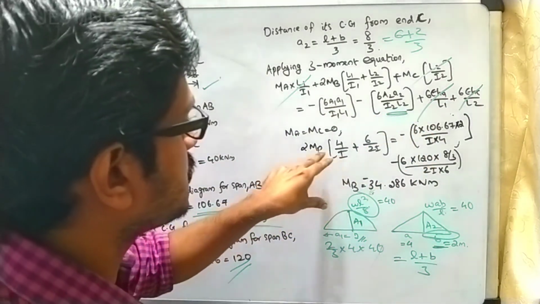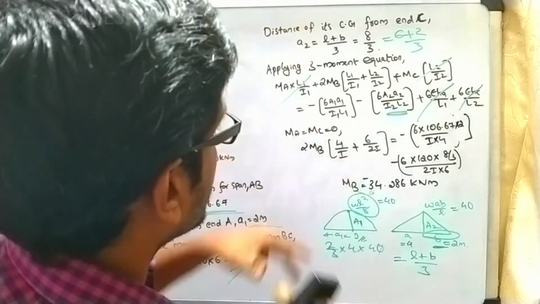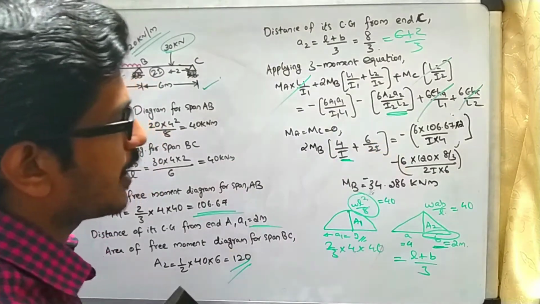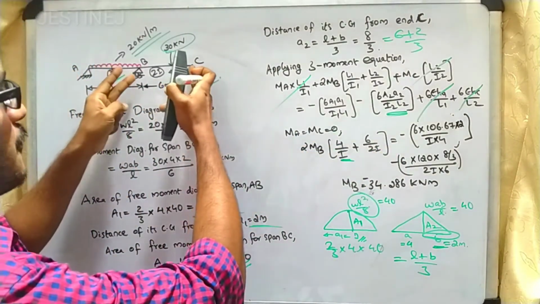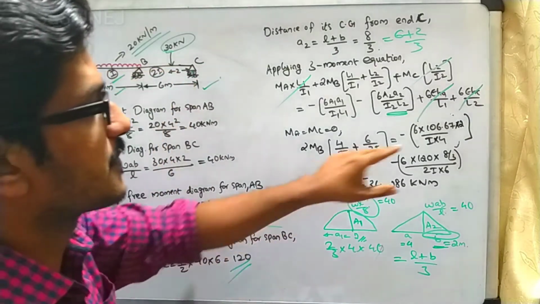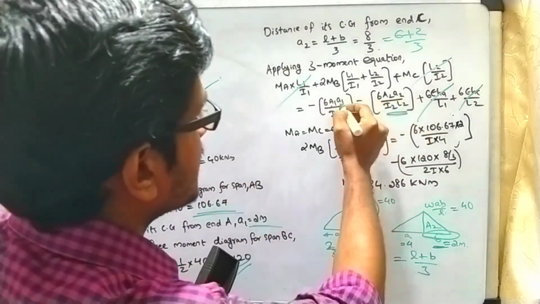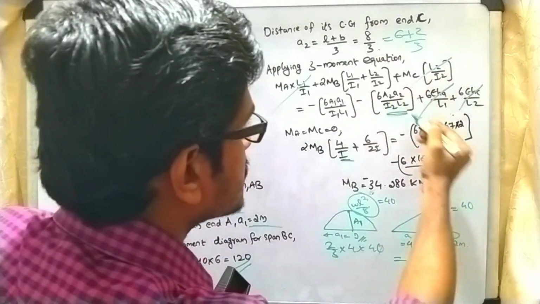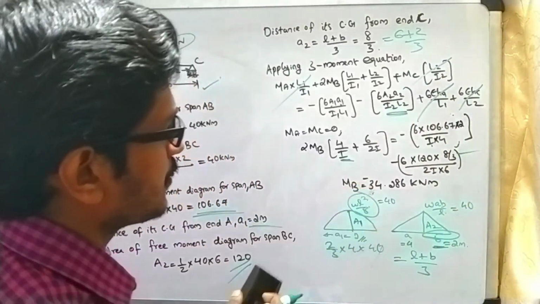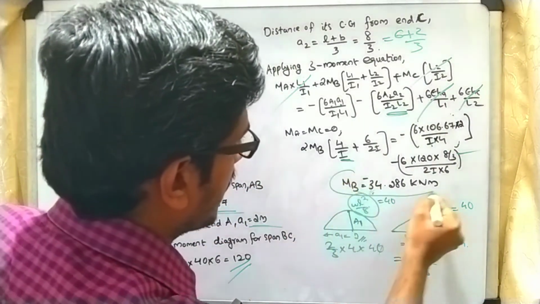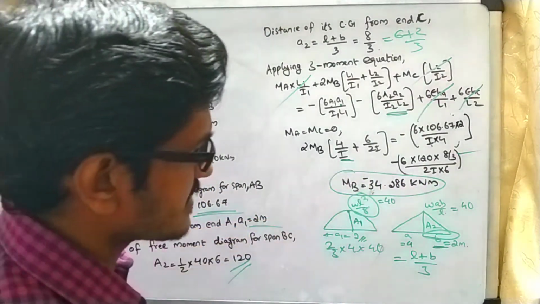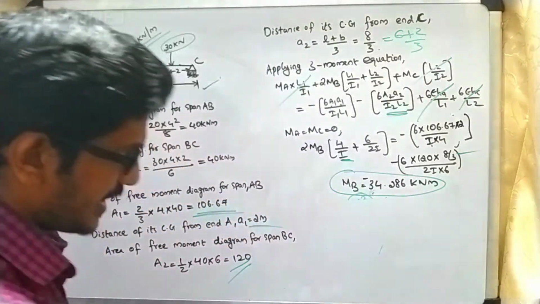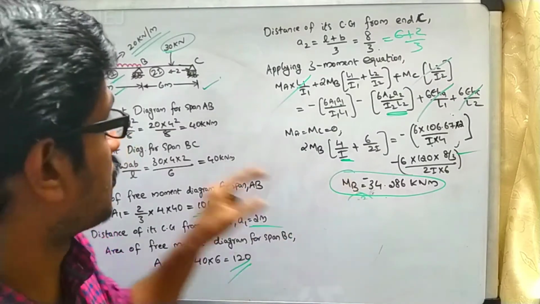If you substitute the values, 2 MB multiplied by 4, the L1 span by I, plus 6 by 2I, since the moment of inertia is given for the BC span. Then substitute the A1 and small a1 values, and likewise A2 and small a2, and you will finally get MB equal to minus 34.286 kilonewton meter. This is the bending moment at the support B.